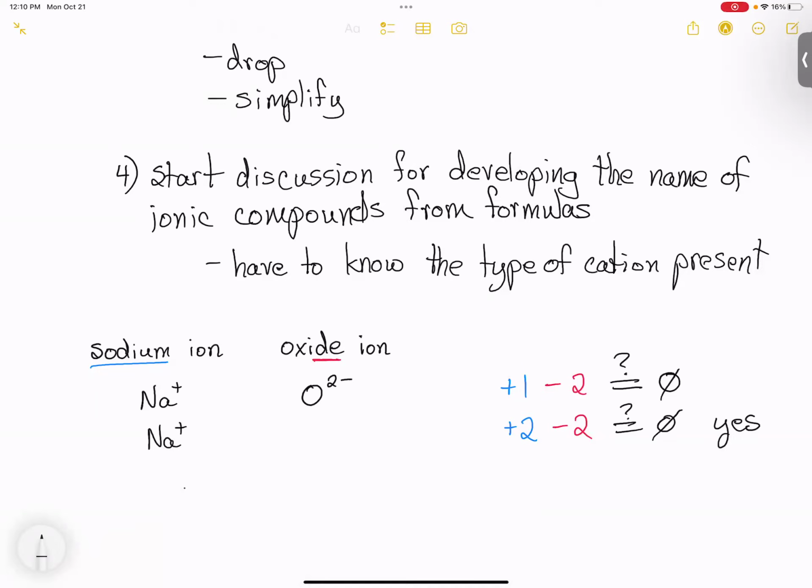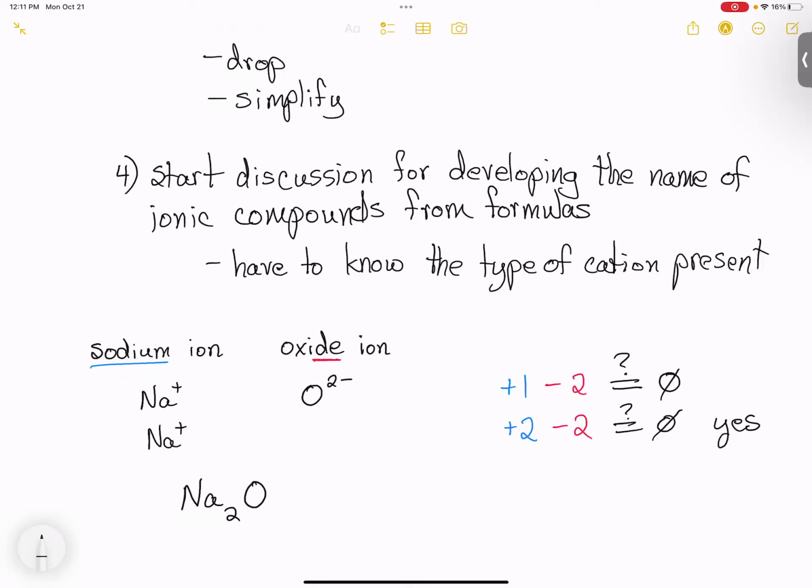So the formula for sodium and oxide is going to take 2 sodiums, which we write as a subscript, and 1 oxygen. And if it's just 1, we don't illustrate it. So the formula of a compound that contains sodium ion and oxide ion is Na_2O.